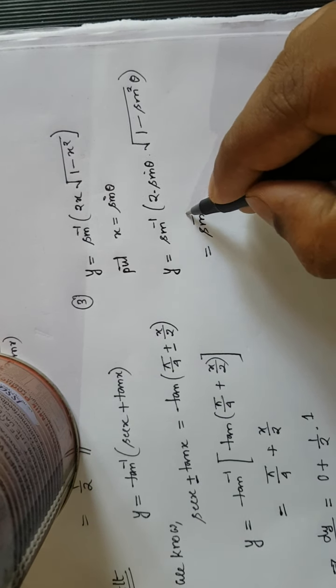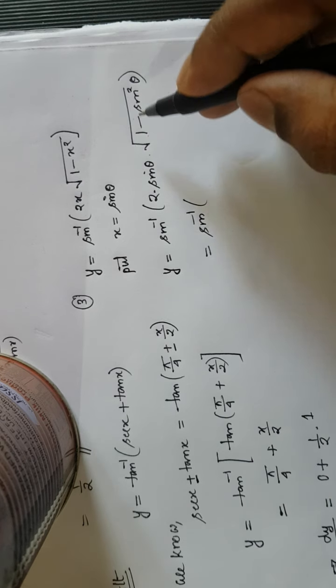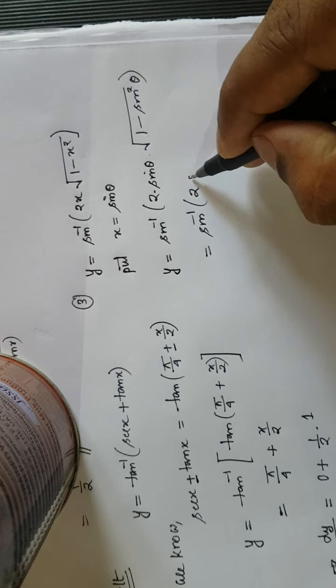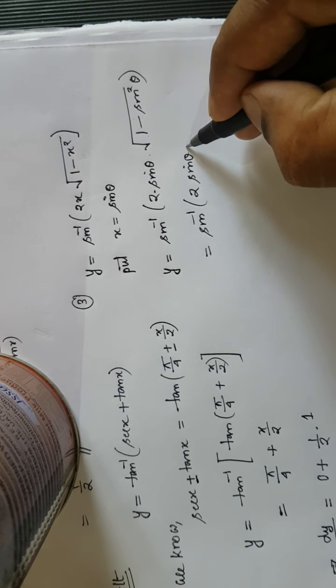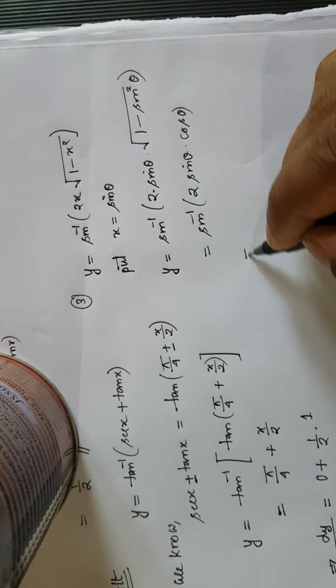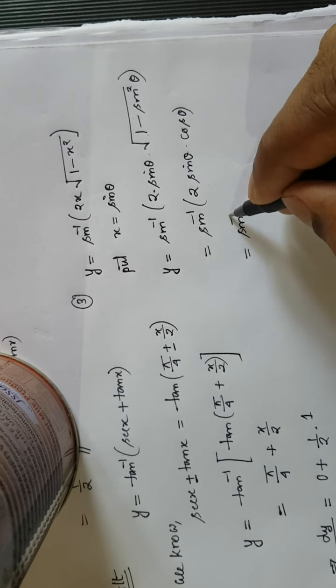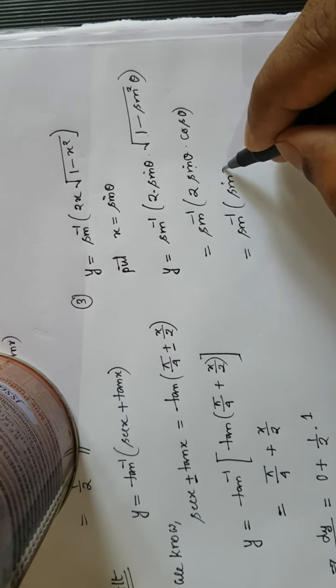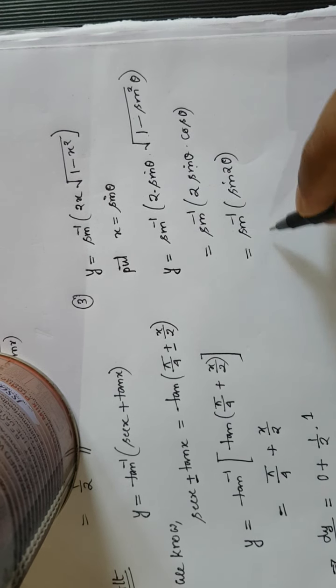As you know, what is 1 minus sine square theta? This is cos square theta. After square root it becomes 2 sine theta into cos theta. From class 11 we know 2 sin a cos a is equal to sine 2a. This is sine 2 theta.